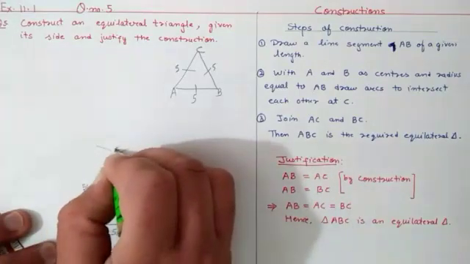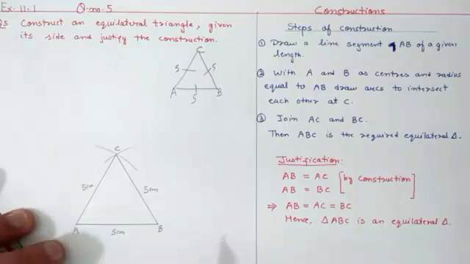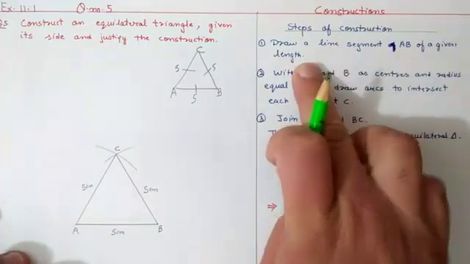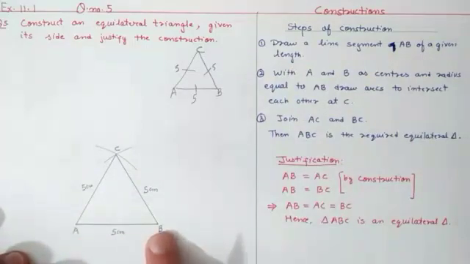So this is triangle ABC which is of 5 centimeter, meaning all three sides are the same, 5 centimeter each. This is our required triangle ABC for the line segment AB of given length, which we have drawn over here, 5 centimeter.